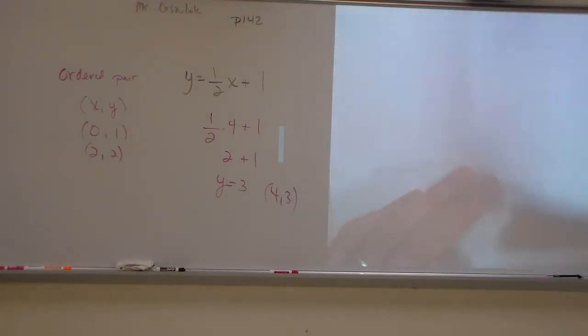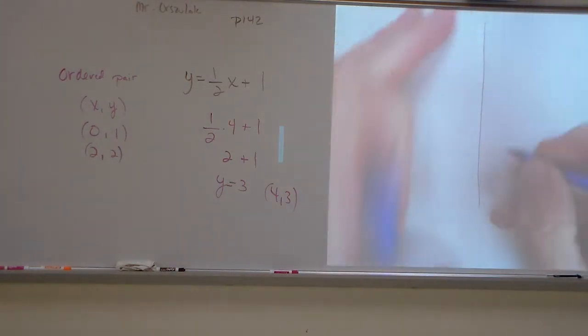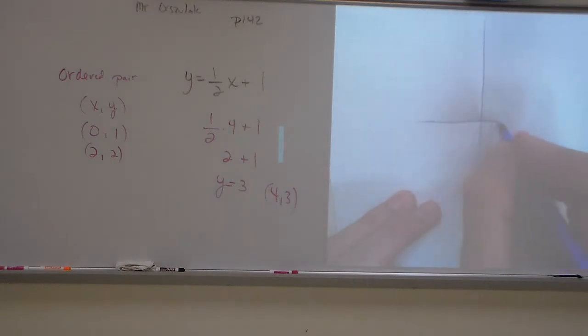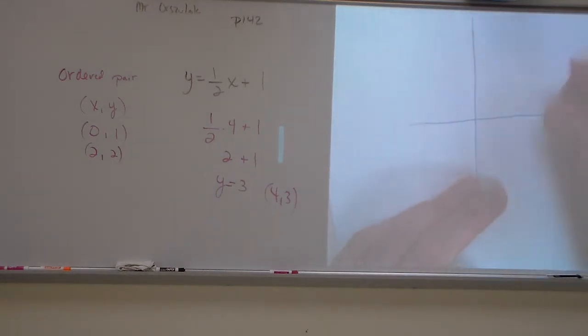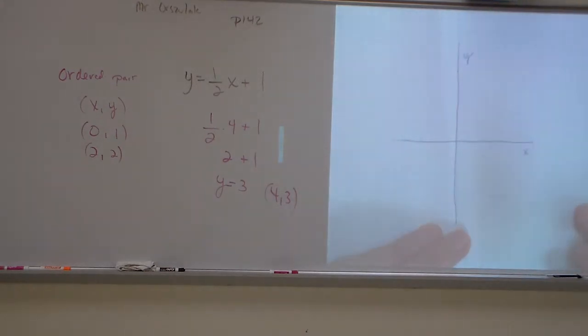I'm going to make my two axes. I have my x-axis, I have my y-axis, and the points I had were 0, 1, and then I had 2, 2.